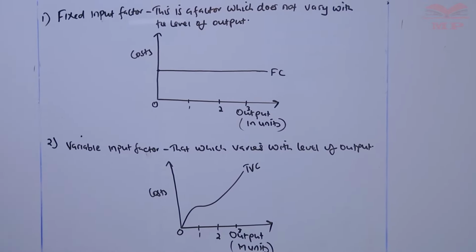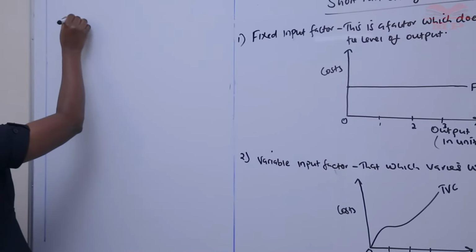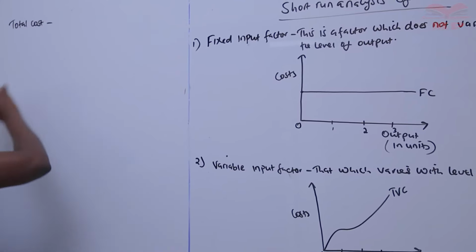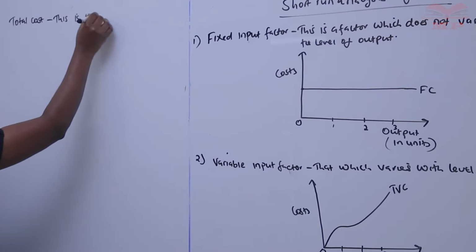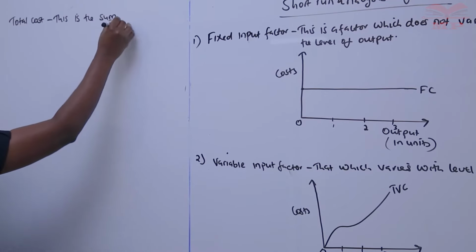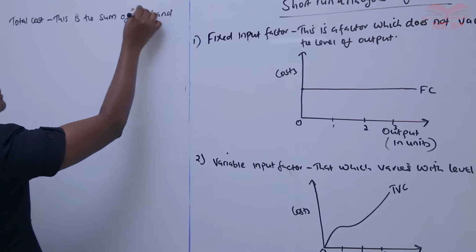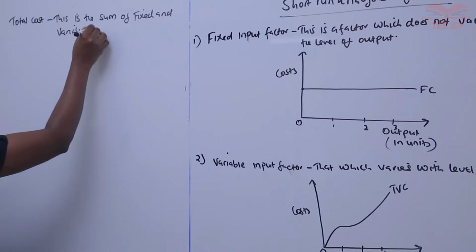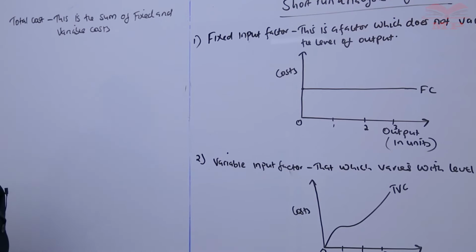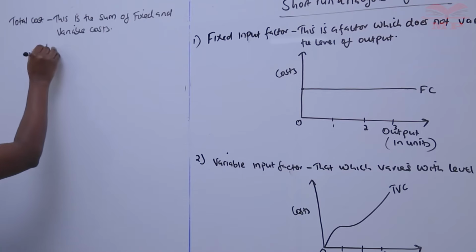We also have what we refer to as total cost. Total cost. This is the sum of fixed and variable costs. So how do we illustrate this?